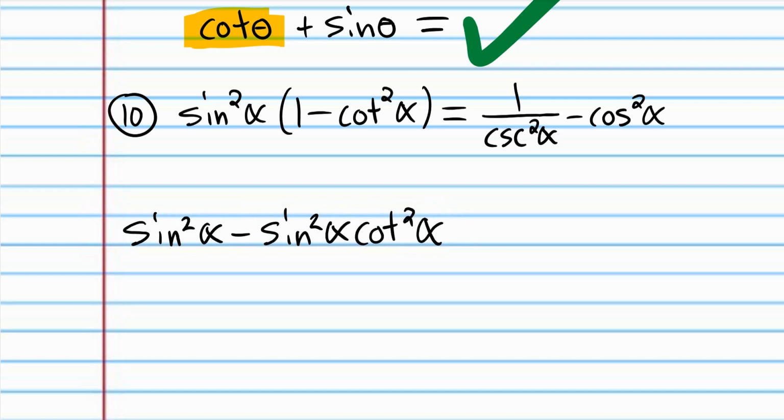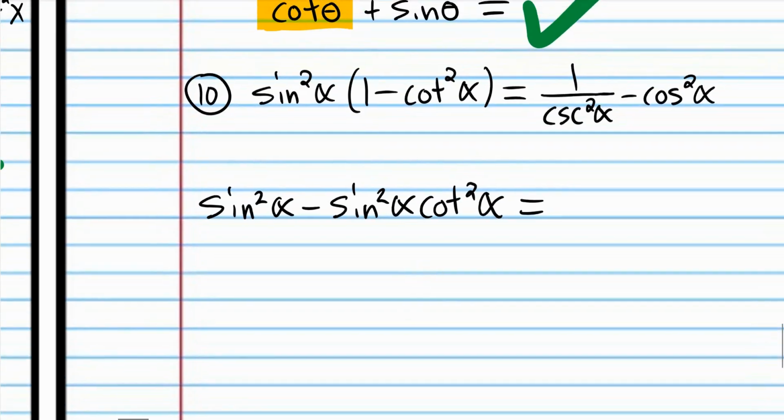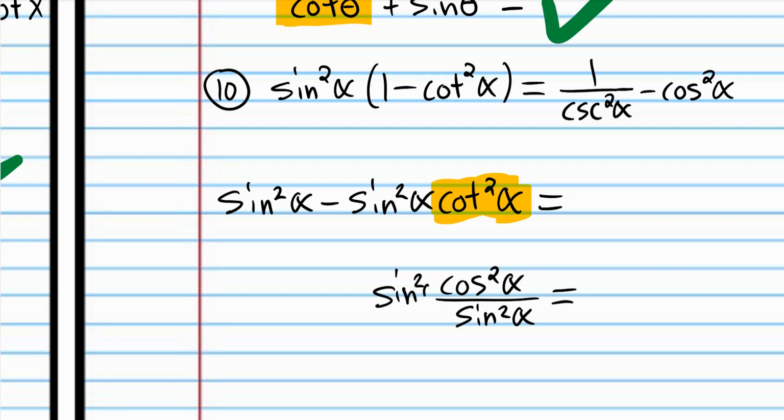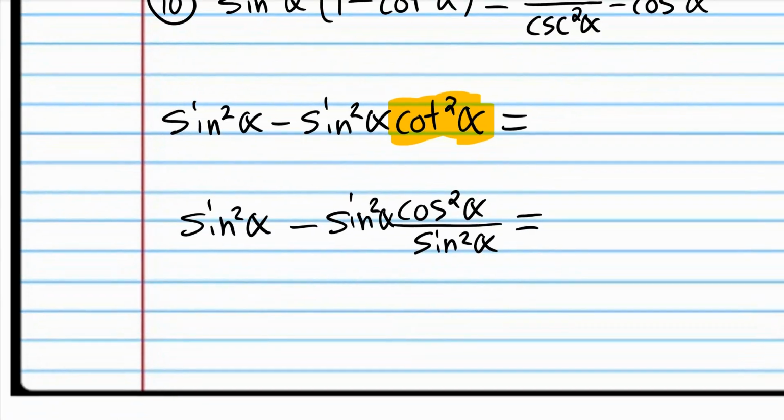So we use the distribution property, and now we're going to change cotangent squared alpha to cosine squared alpha over sine squared alpha. And you can see that the sine squared alphas cancel out, and we're left with sine squared alpha minus cosine squared alpha.